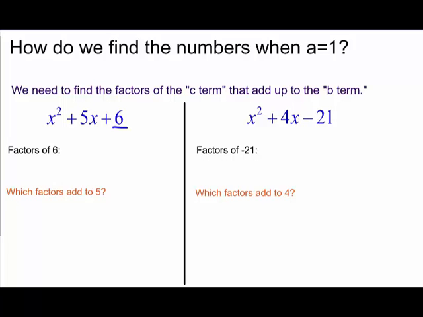Well, I know I could do 1 times 6. I could do 3 times 2. And those are all my factors of 6. Now I need to ask myself, which of those factors add up to my b value, which is 5? Well, 1 plus 6 is 7, so that won't work. But 3 and 2 does equal 5.